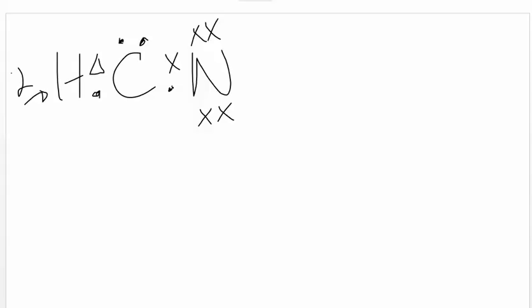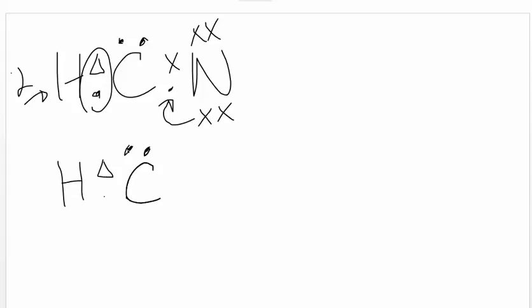So if a single bond doesn't work, we try a double bond, and we simply move electrons. You can move any electrons you want to try. So let's say we want to move these X's right here into the bond, and we'll try that. Again, don't mess with the hydrogen. The H is good, so don't mess with those electrons that I've circled. So I made a double bond.